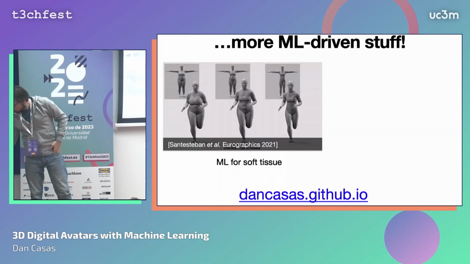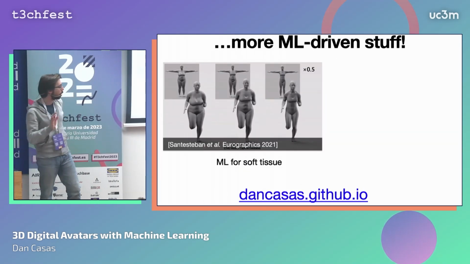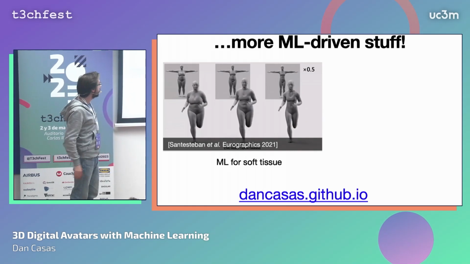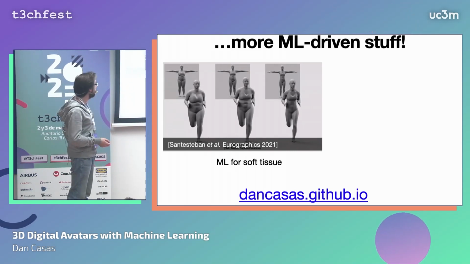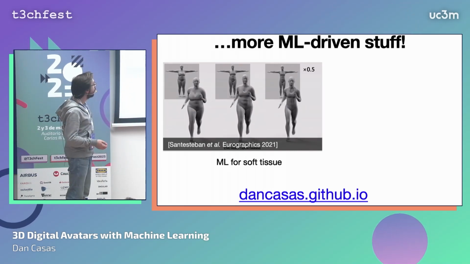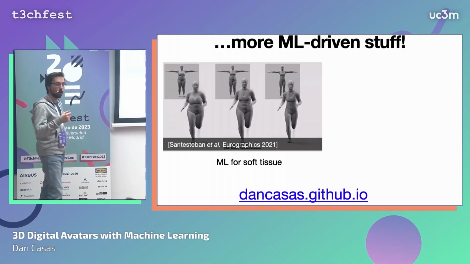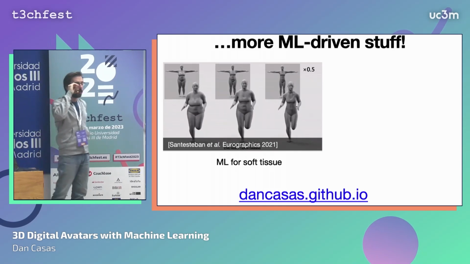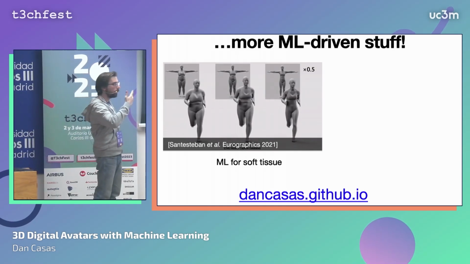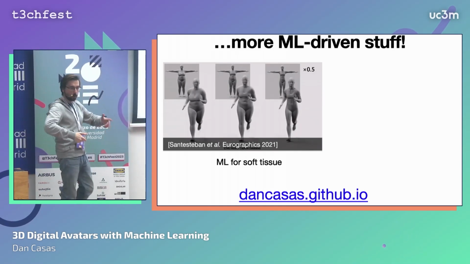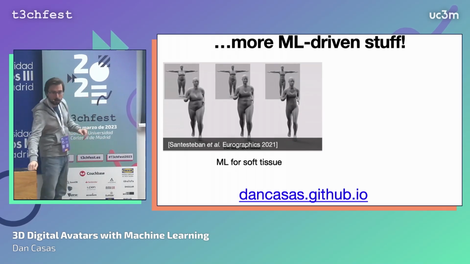And just to wrap up, some other cool projects that we did with virtual humans that didn't fit here. For example, in here we also use machine learning for virtual humans to model soft tissue deformation. In all the video games that you play, the humans are completely rigid. So even if you see very cool renders, those are as rigid as this table, right?